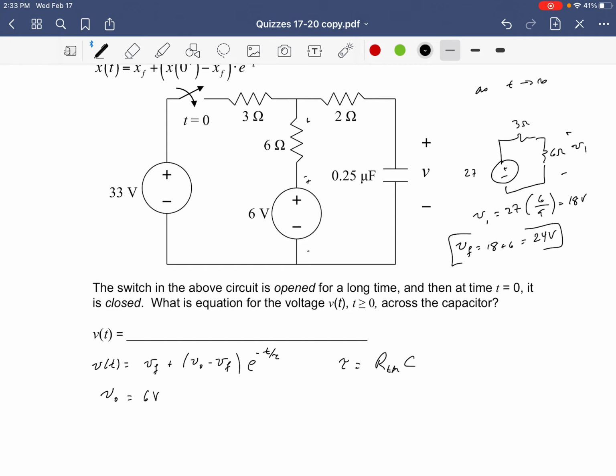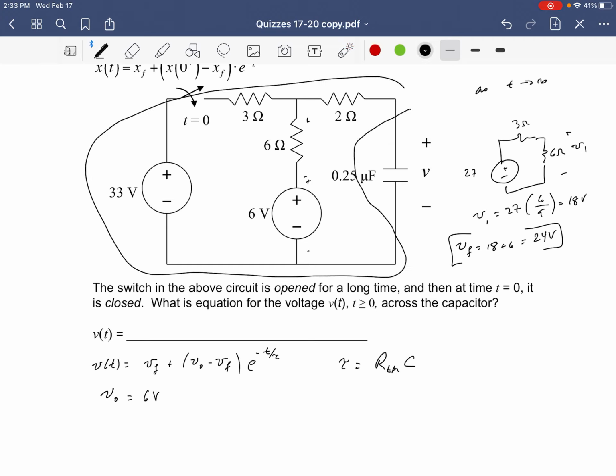Okay, so there's my V final. All right, now the only thing we have to find is the Thevenin resistance. This is the Thevenin resistance after the circuit has closed. So if I close the circuit and look back in here, I want to find the Thevenin resistance of that circuit.